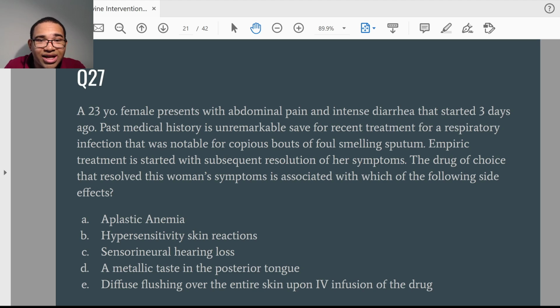But remember, that's the one that has no association with a sulfur side effect, right? And then hypersensitivity skin reactions, many antibiotics cause problems, especially your penicillins. And then aplastic anemia, that'll be chloramphenicol, right? Remember, chloramphenicol is a bacteriostatic 50S inhibitor, right? Again, I talk about these drugs in great detail in my pharmacology podcasts.